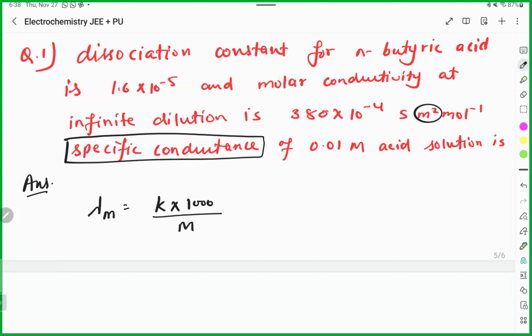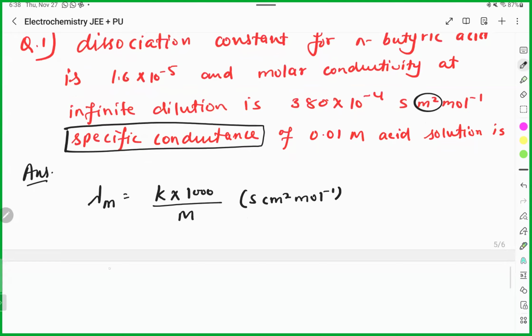If the unit is Siemens centimeter square per mole, correct? But it is given in the meter scale, so it will be kappa divided by molarity, divided by 1000. Because if instead of centimeter cube in the volume, you use meter cube, what will happen? There will be 10 raised to power minus 6. Makes sense?